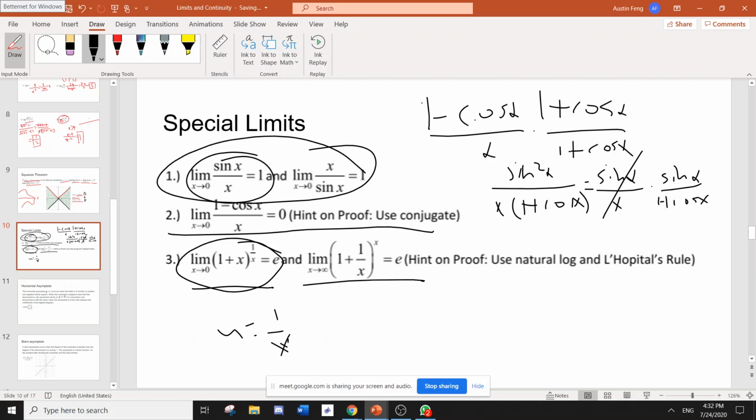Basically what we do is we plug u in for x. So when x goes to 0, u goes to infinity. So when x gets to 0, u becomes very, very big. So the limit as x goes to 0 is basically the same as the limit as u goes to infinity.